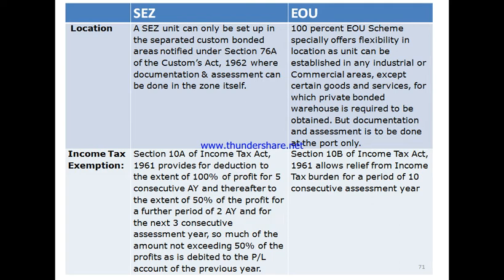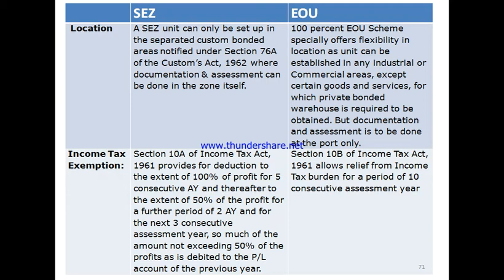Now, the difference between them. Although export-oriented units and special economic zones are both initiated by the government to boost exports, there are certain differences.